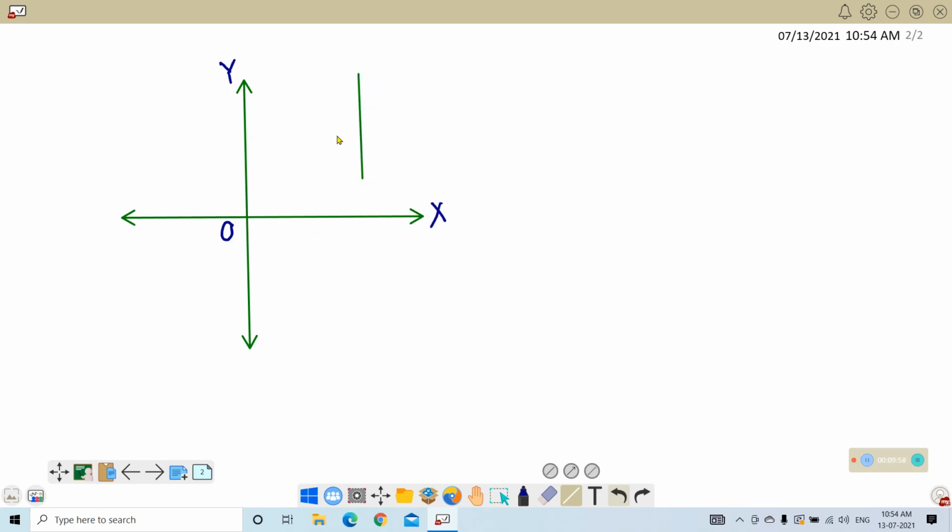And the points, according to our book, C is a point. This point is C, and C is equal to (5, 6). That means x is equal to 5 along the x-axis: 1, 2, 3, 4, 5. And along the y-axis, this is 6.